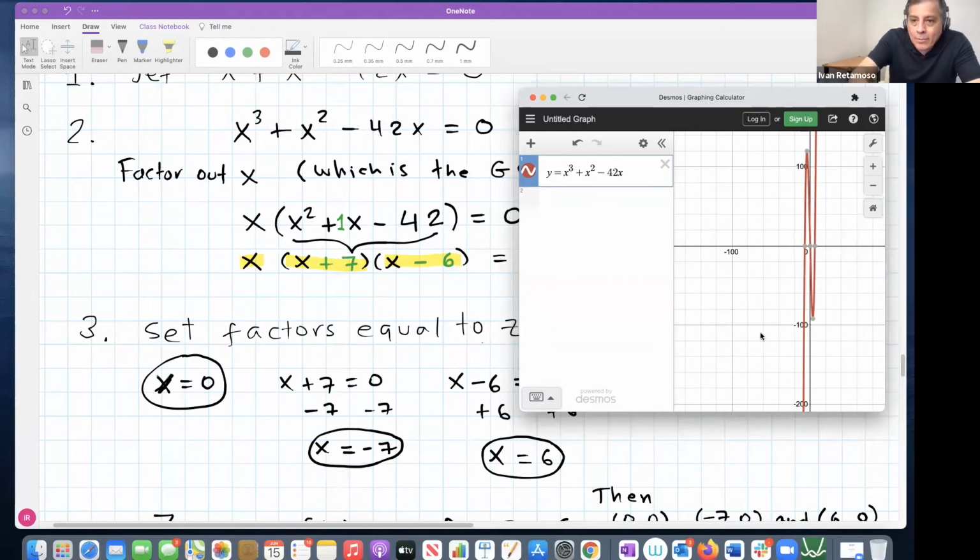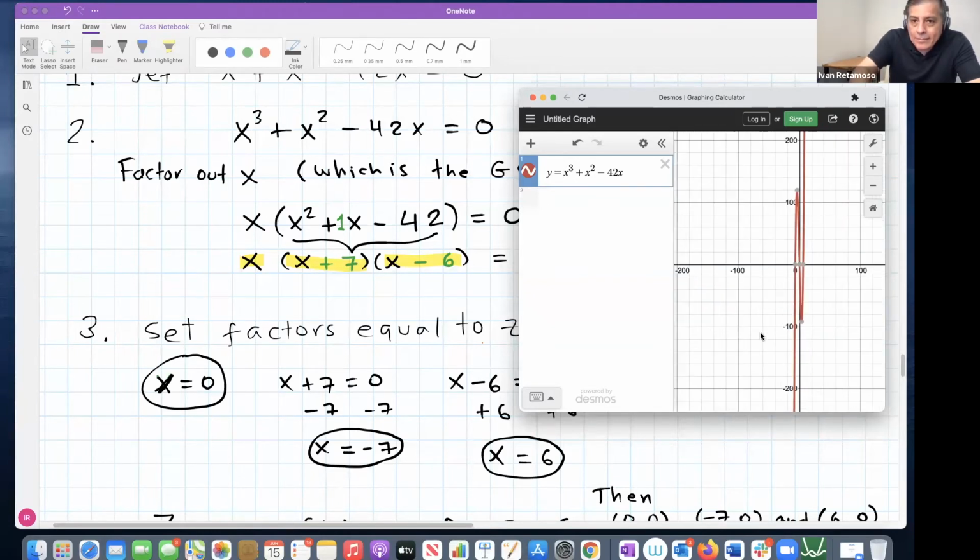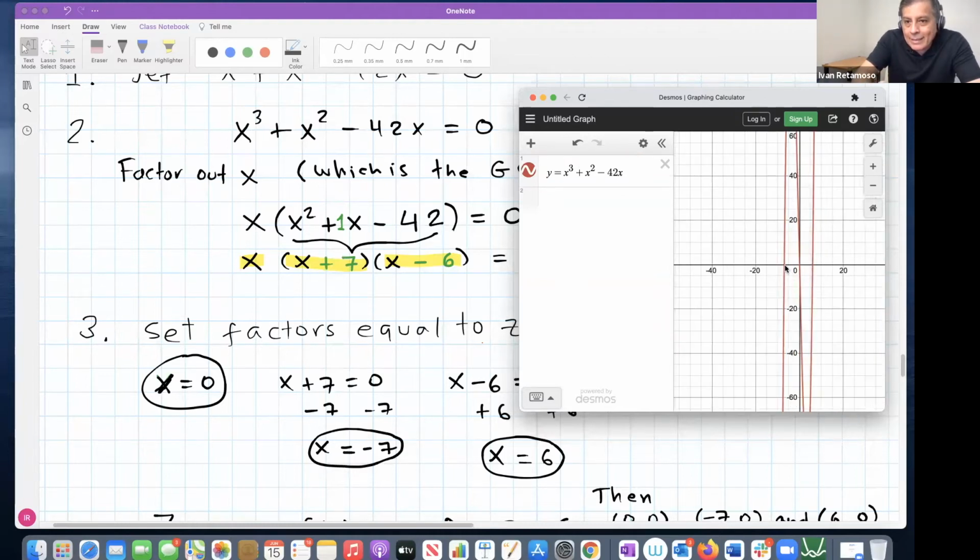What I'm trying to catch here is this. When you look at this graph, notice that when you click here, it shows the -7 there. It's the X-intercept. Where is the 0? Here. And where is the 6?